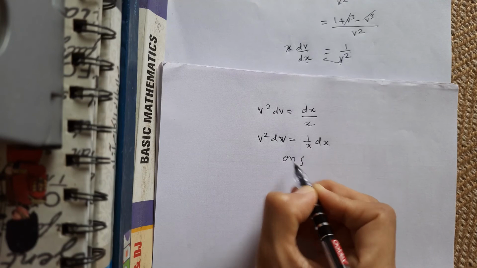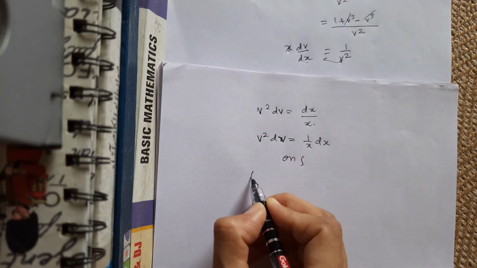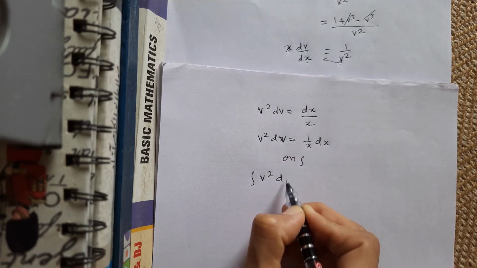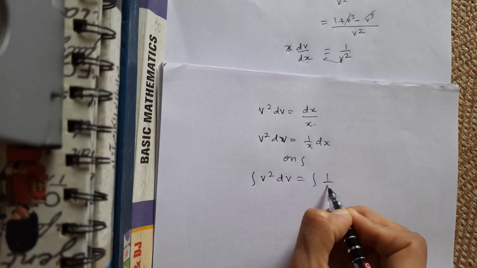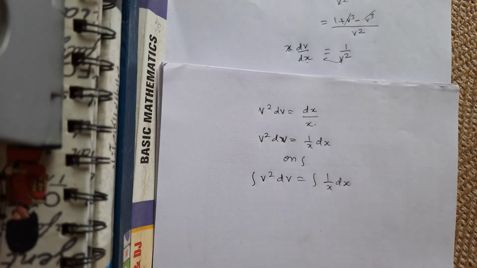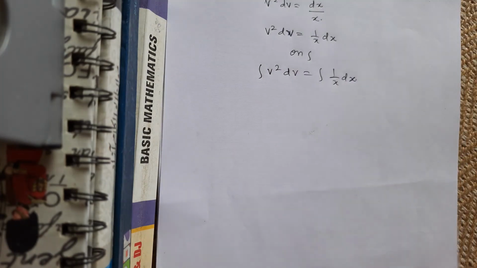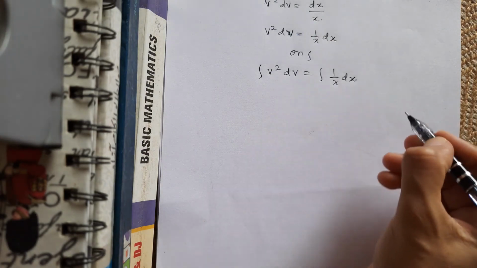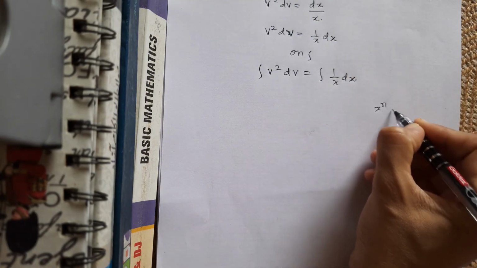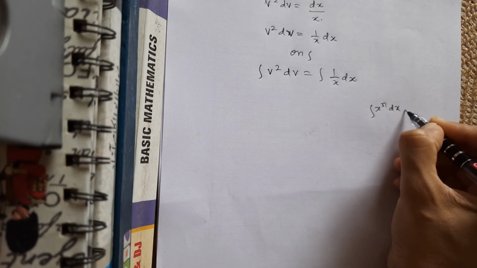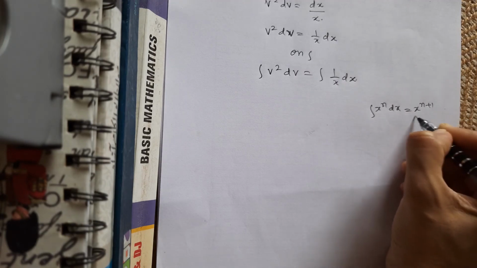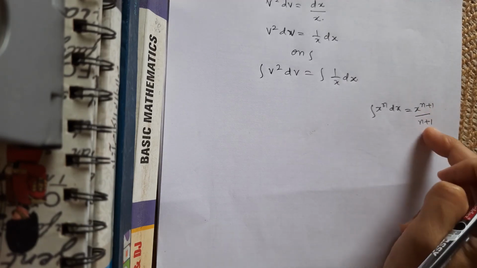Now on integrating, it is a variable separated form. So integral of v² dv equals integral of 1/x dx. Just apply the standard formula: the integral of x^n dx is x^(n+1)/(n+1); you need to add one to the power.